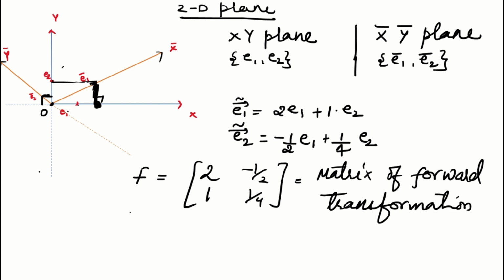Okay, now next what we will do, we will express E1 and E2, the old basis vectors, in terms of the new basis vectors. So what I am doing here, I delete the xy plane, because now we are considering that we are in the new coordinate system.